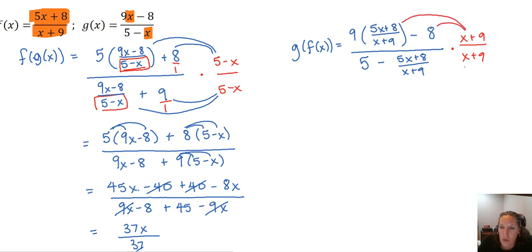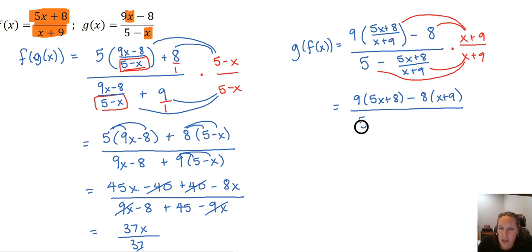Distribute that to all four of our terms. All right, for our first term, that x plus 9 is going to cancel in the denominator, and we'll be left with 9 times that numerator. Nothing's going to cancel on our second term, so we get 8 times x plus 9.